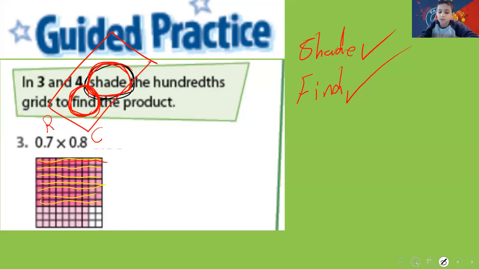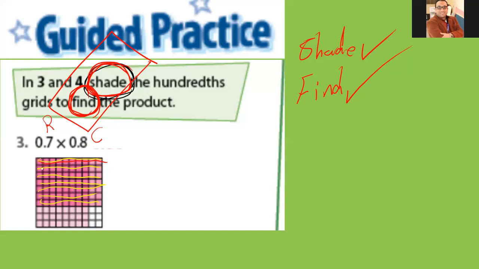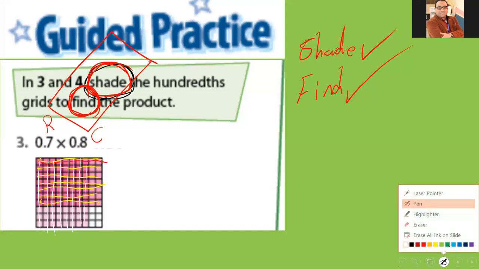After that, you will select columns. How many columns are you going to shade? Here is 8, 0.8. 1, 2, 3, 4, 5, 6, 7, 8. Okay, you finished shading now.